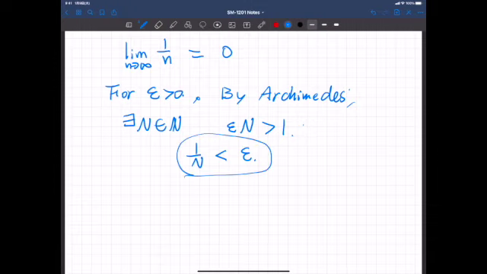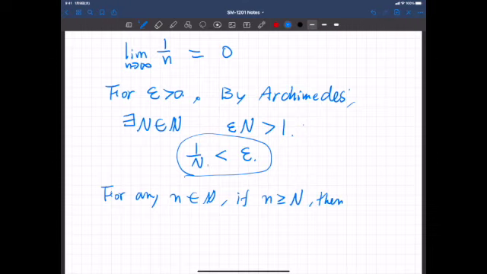Okay, so for any natural number n, if this n is greater than or equal to this capital N, then 1 over lowercase n is less than or equal to 1 over capital N, which is less than epsilon.